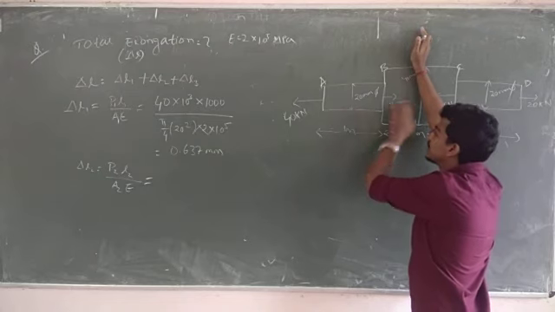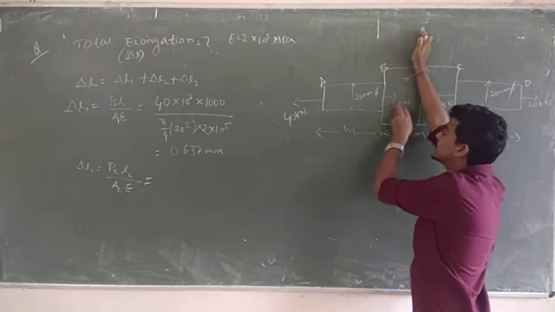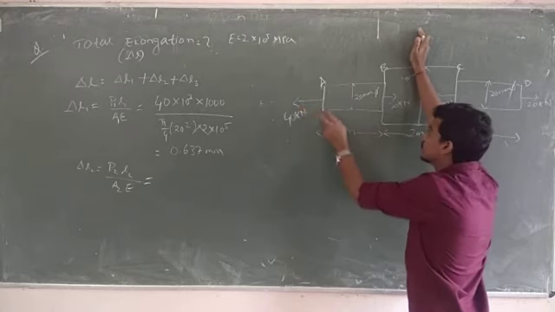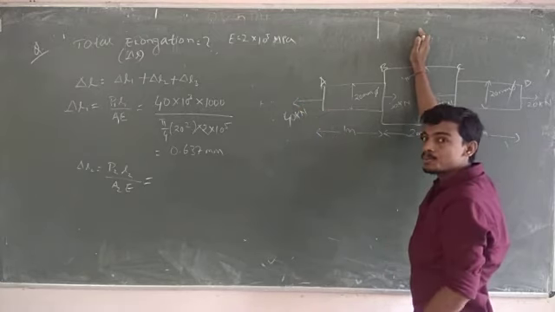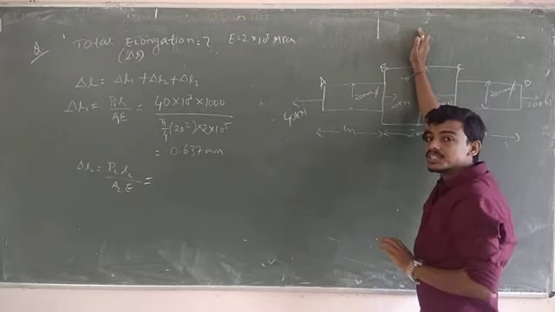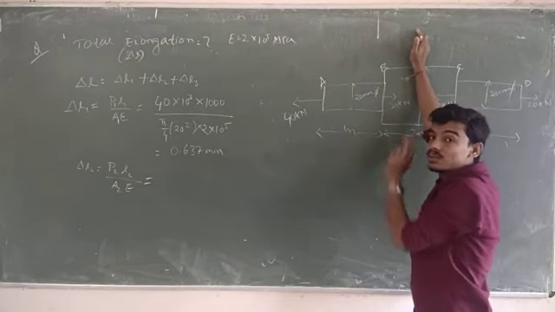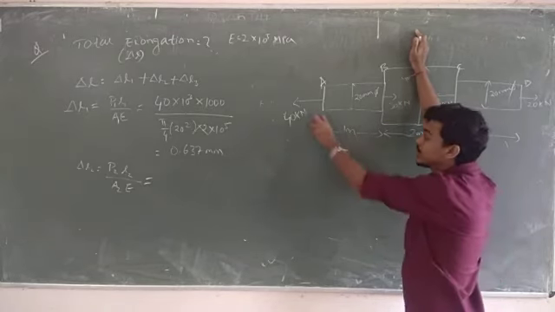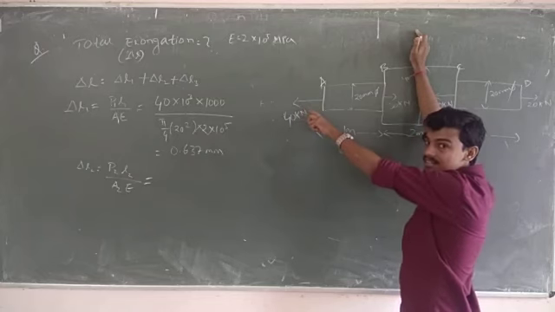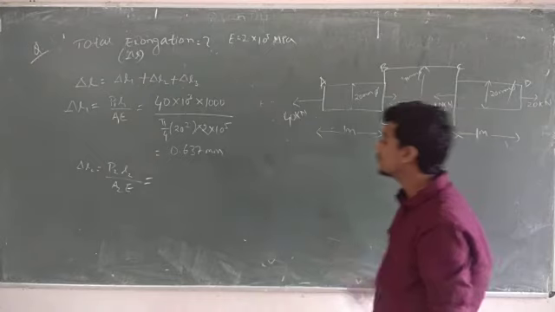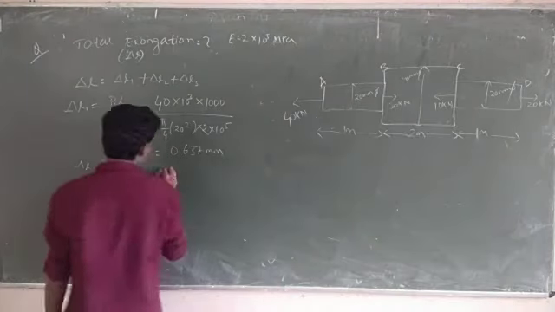See here, in the left part, in this direction 30 kilonewton, in this direction 40 kilonewton. These are opposite directions, so subtraction will be there, not addition. So 40 minus 30 is 10 kilonewton. As 40 is greater, the 10 kilonewton will be tensile. So P2 is 10 kilonewton.